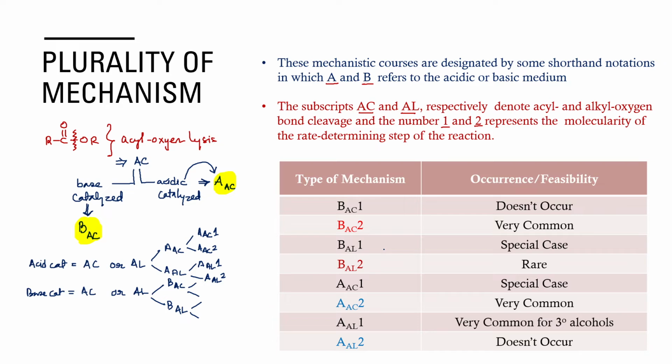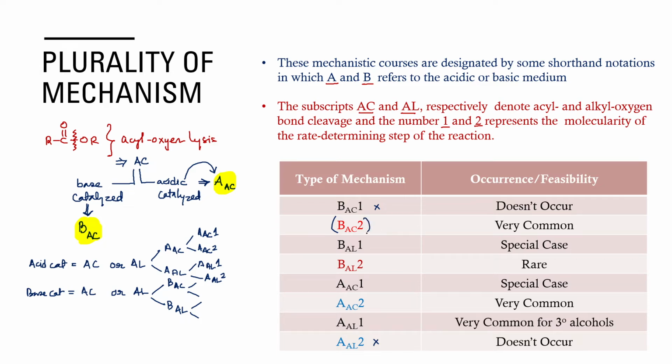However, इसमें से कुछ mechanisms नहीं होते हैं, जैसे कि BAC1 नहीं होता है. Okay, BAC1 doesn't occur. Okay, and AAL2 doesn't occur. Out of which, out of these 8, these two do not occur, but it's not that all of the others will occur with equal propensity. ये भी नहीं है. कुछ एक काफी कॉमन है, जैसे BAC2 सबको पढ़ाया जाता है.